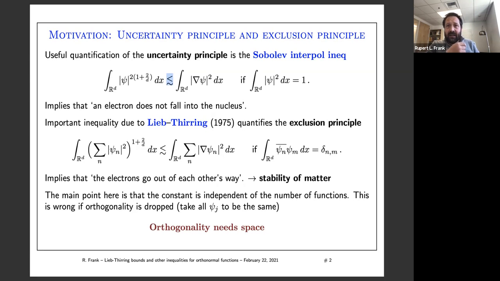And you can imagine that this is important to describe some physical properties of matter. In particular, Lieb and Thirring used this in 1975 to prove stability of matter, or rather give a rather direct proof of this original theorem that's due to Dyson and Lenard.